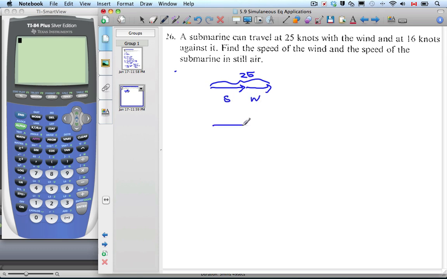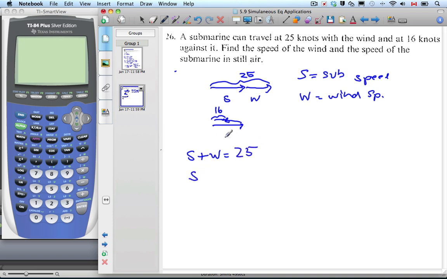If the submarine is here, and the wind blows against it, they're really only going this far here, and that is 16 knots. So if I say S equals my sub speed, and W equals my wind speed, well, if I take my S and I add my wind to it, together they're going to be 25.